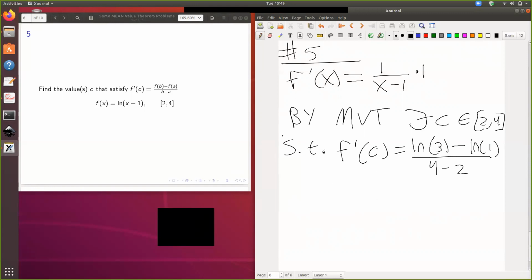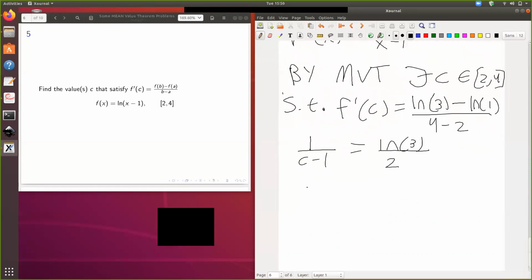So what do we get? Let's go ahead and plug in this f prime of C, which we can find up here. We get 1 over C minus 1 equals ln of 3 minus 0 over 2.